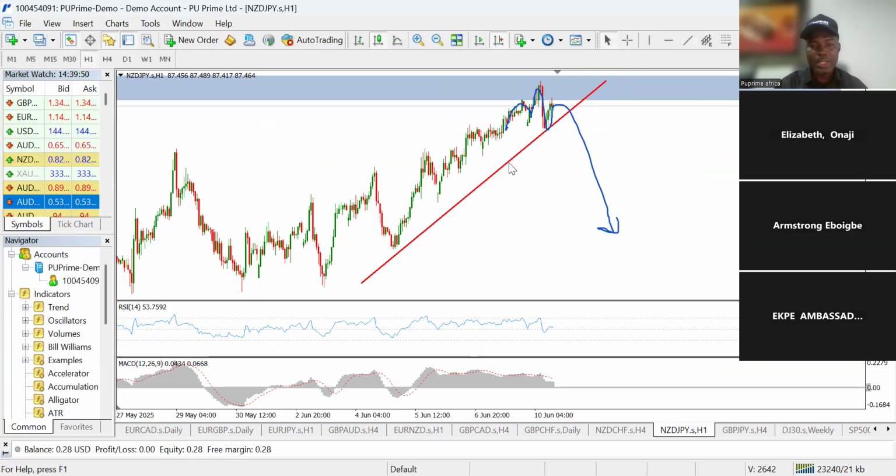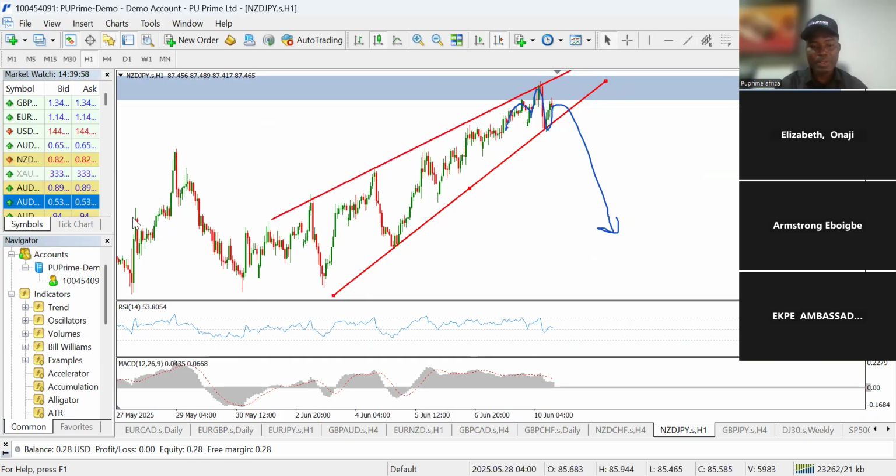So we can draw our trend line and a second trend line, and we'll have a perfect looking rising wedge, confirming this confluence that we're seeing. So for this one also, we'll be waiting for price to break out below the recent low.